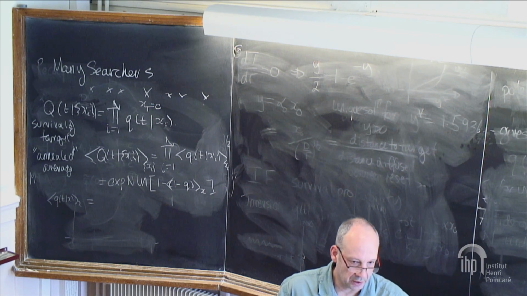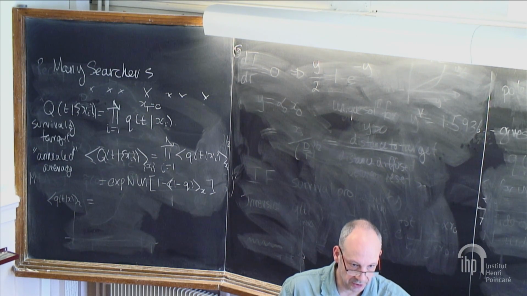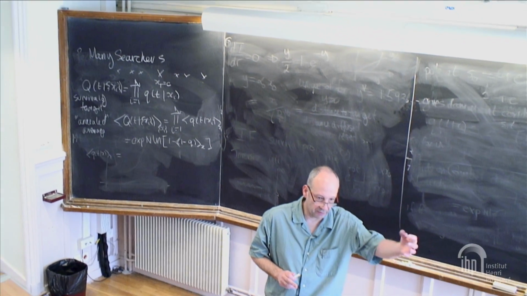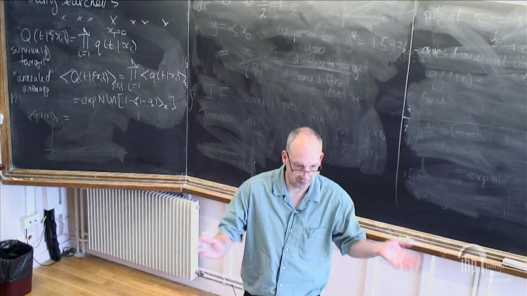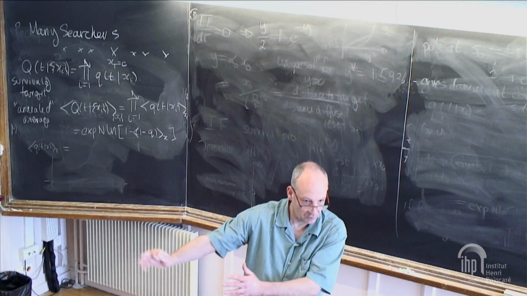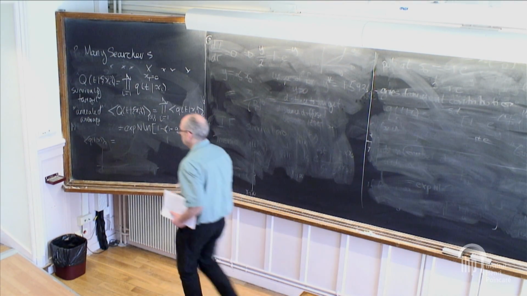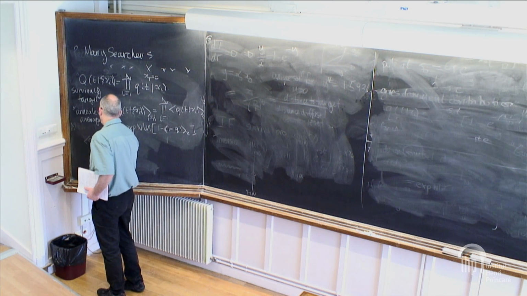So each searcher has its own initial position, xi. But each one is independent, so for each one I take the average over its initial position, and that will be the same for all of the searches. Sorry, if you want, I can put the xi in there.